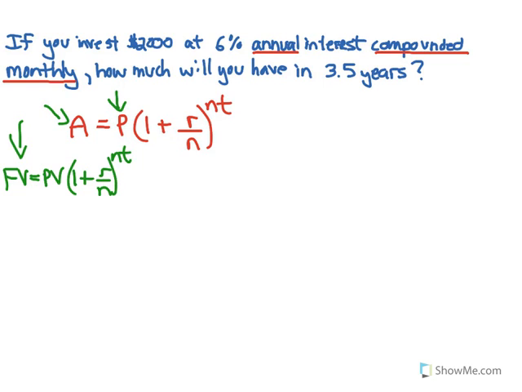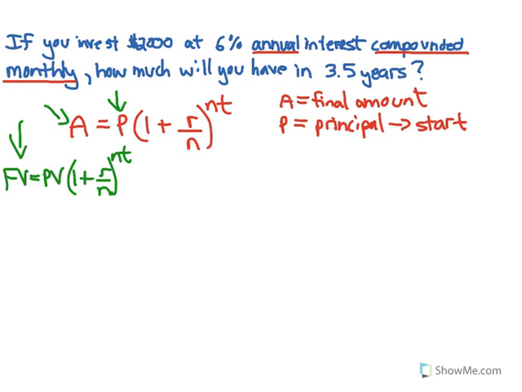Let's take note of what each of these things mean. So like I said, A is sort of your final amount. So after the interest has all been calculated and added on, what are you left with in your account? That's the final amount. P is your principal, and that is the amount that you're starting with. So how much you start with in the account. We've got R equals the annual rate of interest, and this will always be in decimal form, so we'll often be given it in percentage like we have here, but we want to use our decimal, so we know how to convert percentages to decimal.